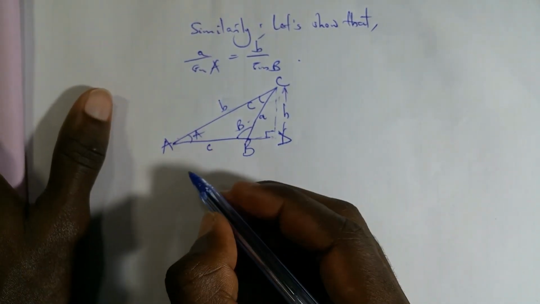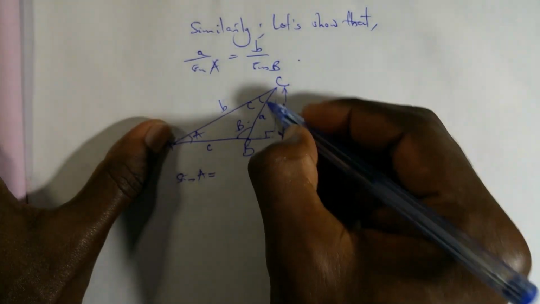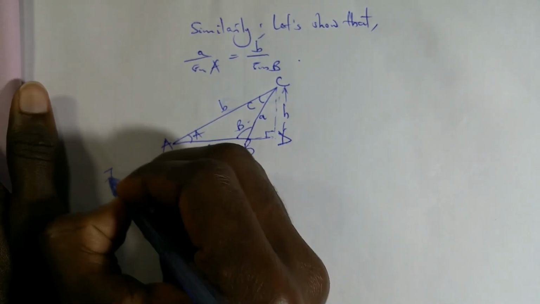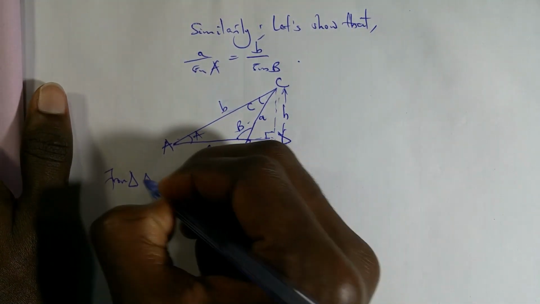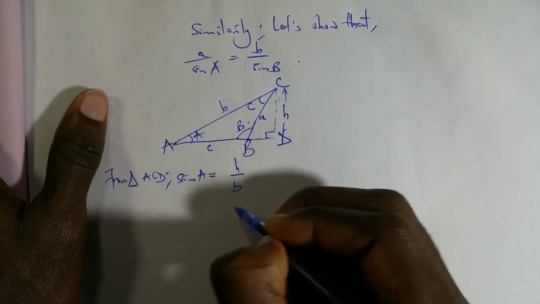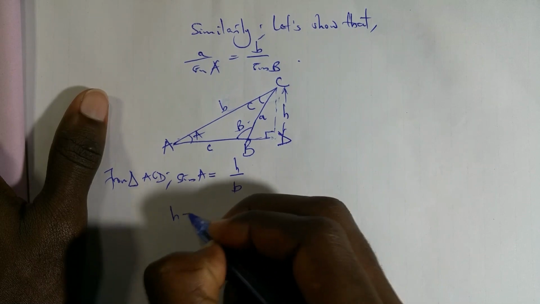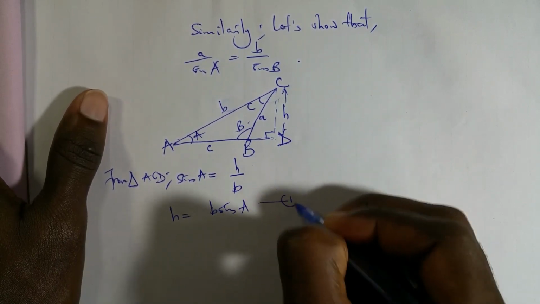Same case, we're going to say that sine A is going to be given by opposite, which is H, from this triangle ACD. Sine A is going to be H out of B. What does it mean? H equals B sine A. Equation 1.